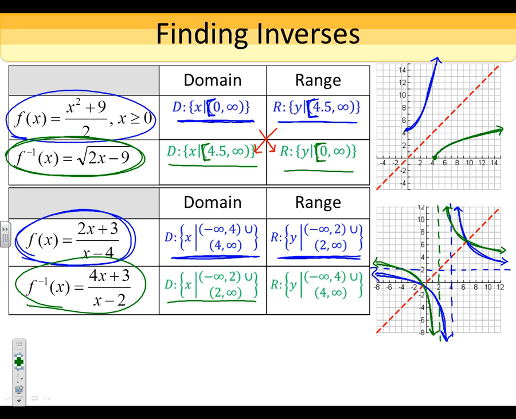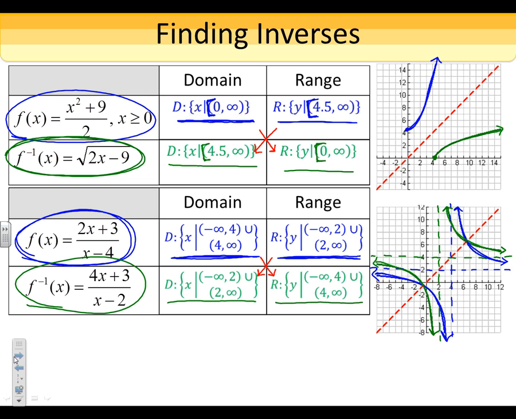We also have a horizontal asymptote at 4. So the range goes from negative infinity to 4 and from 4 to infinity. So again, the domain of our original became the range of our inverse, and the range of our original function becomes the domain of our inverse.